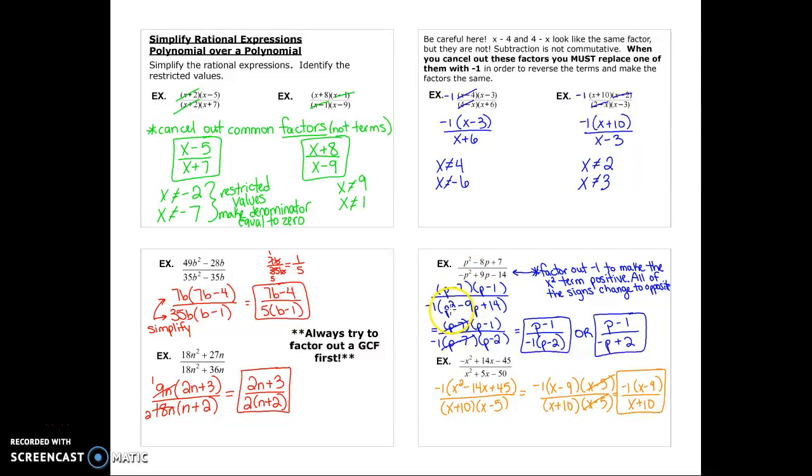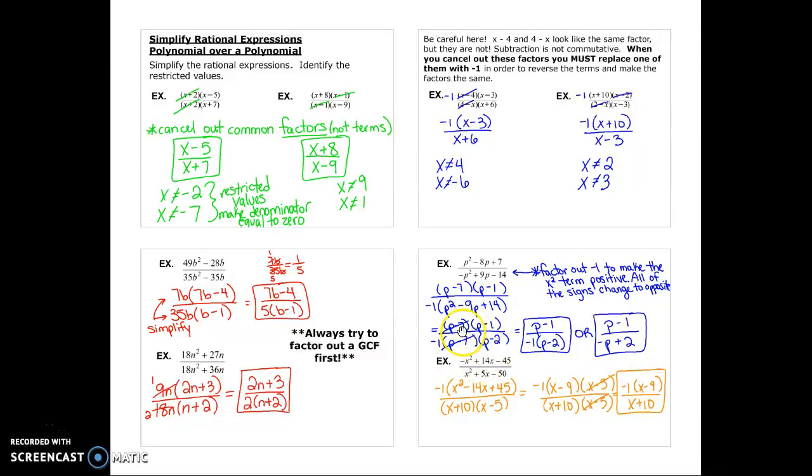So this becomes a p squared minus 9p plus 14. Then you can factor it just like normal. So then that factors, again, you need multiples of 14 that will add to give you negative 9. So the negative 1 stays out front. You have a p minus 7 and a p minus 2. That'll multiply to give you positive 14 and add to give you a negative 9.